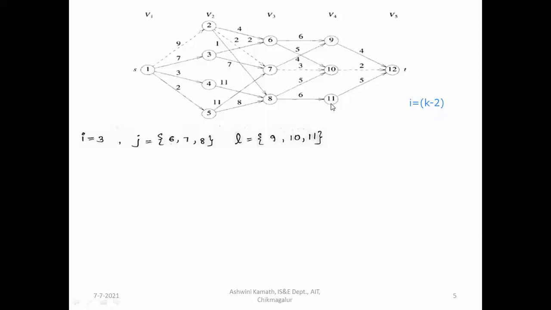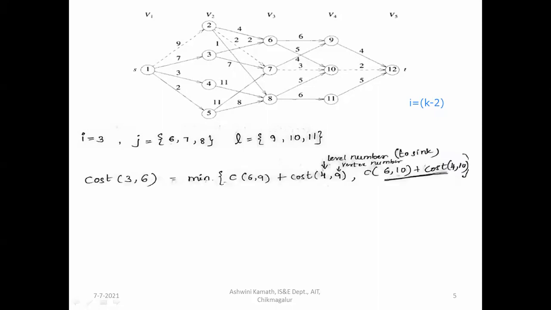This is the forward approach, that's why we are considering the next stage. So j is equal to 6, 7, 8, and L is equal to 9, 10, and 11. We have to calculate cost of 3, 6, cost of 3, 7, and cost of 3, 8. All three we have to calculate.